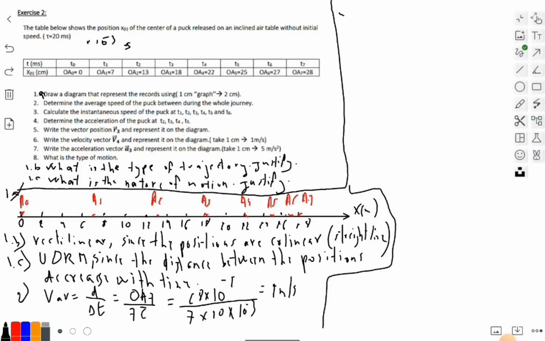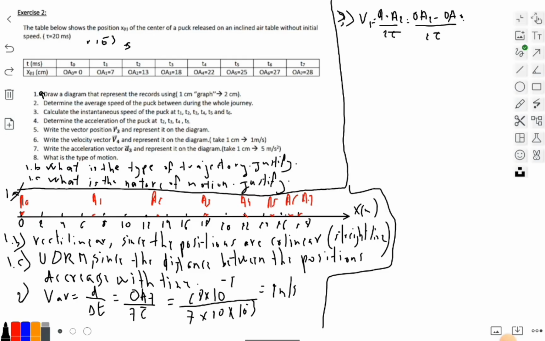Part 3. Calculate the instantaneous speed of the book at t1, t2, t3, t4, and t5. So the instantaneous velocity V1 is equal to A0A2 over 2 tau, so it's equal to OA2 minus OA0 over 2 tau.